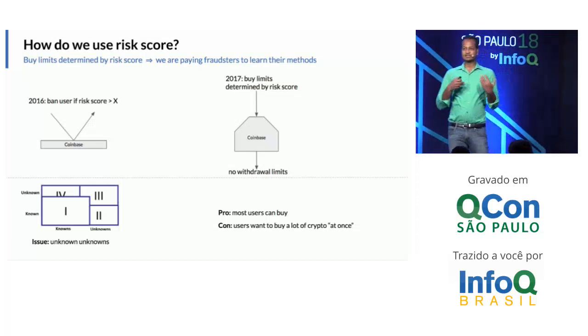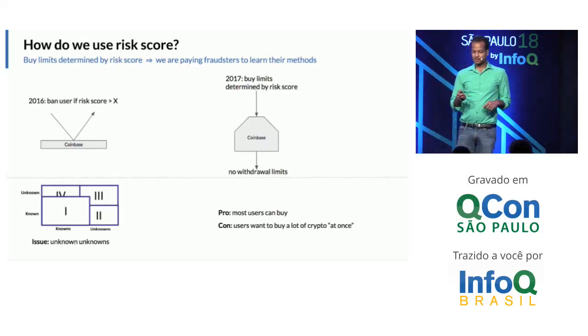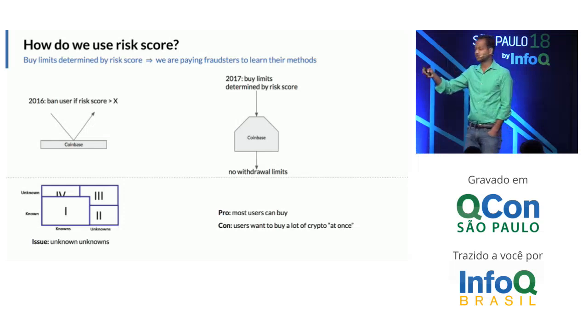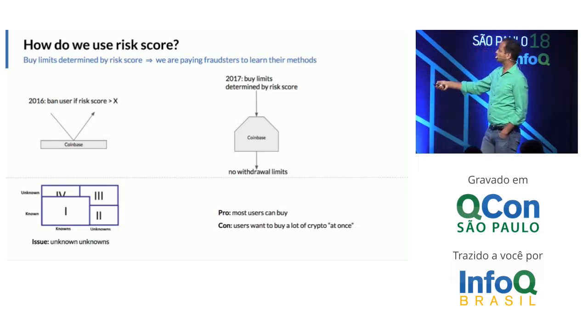And now there's a second system we have built, which takes all of these things together and allows us to modify the behavior for a user over time. A user gets a risk score when they sign up, and the risk score changes over time. Using the risk score, let's say they got a buy limit of $2,500 a week if they were very good.